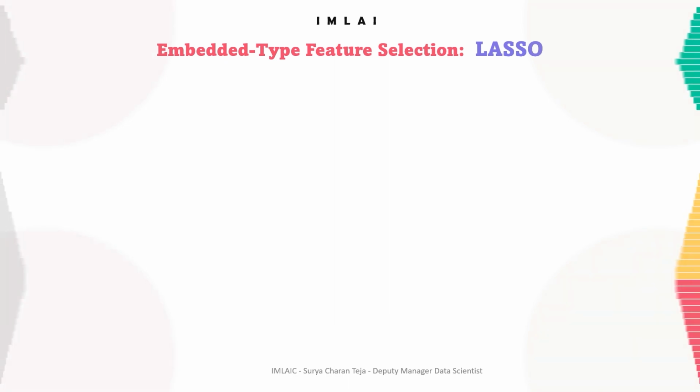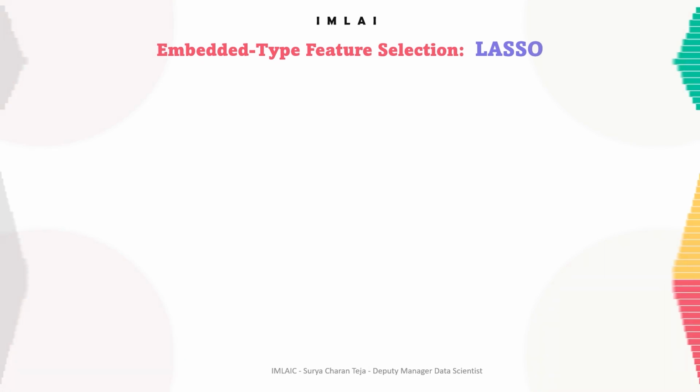So these algorithms automatically select relevant features as part of the model training, resulting in more efficient and accurate models. Embedded methods are particularly useful when the dataset has a large number of features and traditional wrapper or filter methods may be computationally expensive or prone to overfitting.